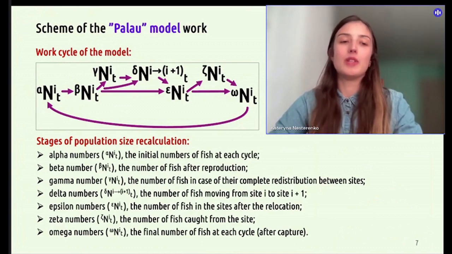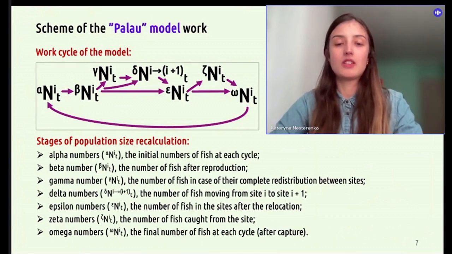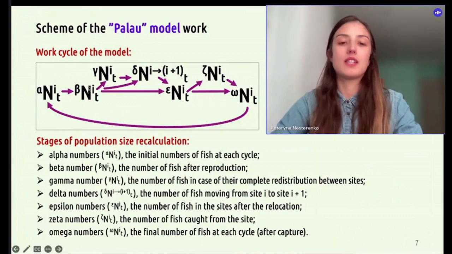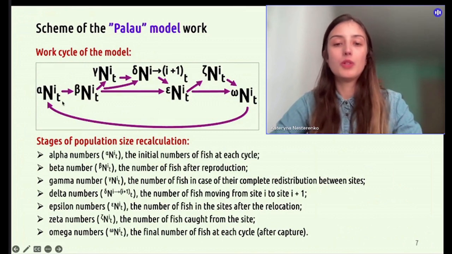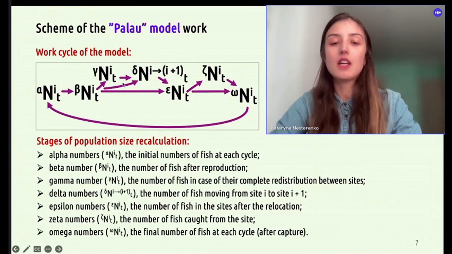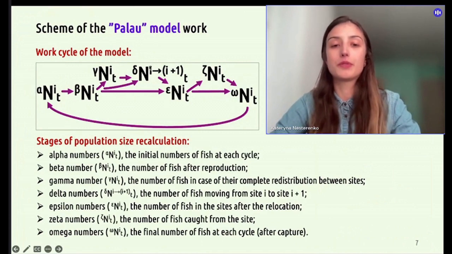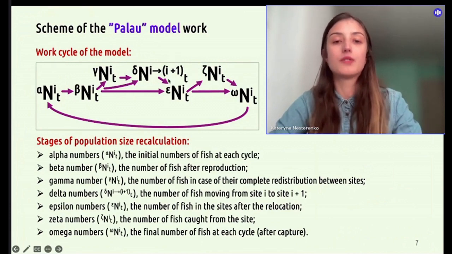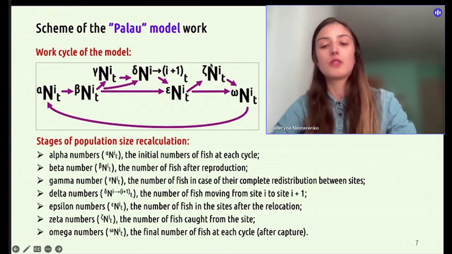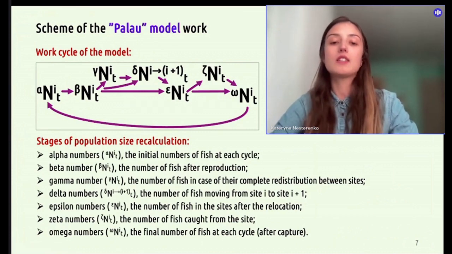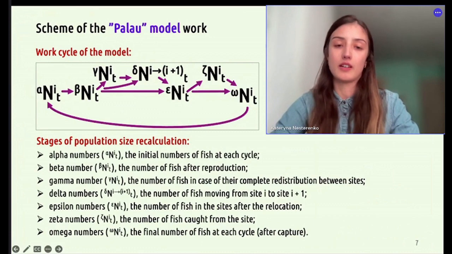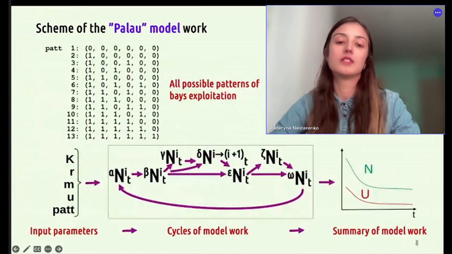The model is built in such a way that the work cycle is performed step by step from the initial number of fish in each cycle. We determine how many spawning fish are produced, how they are distributed between sites, and how many spawn in each site. We can observe how many fish are harvested from each site, depending on the fishing pattern chosen, and how many remain in each site afterward.